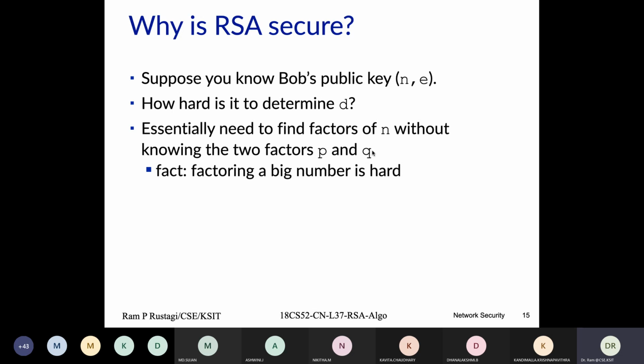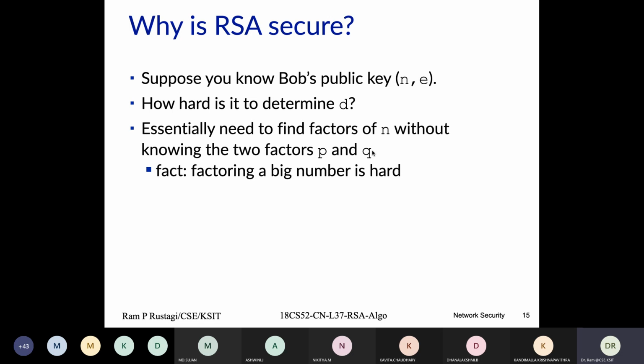It may take millions of years when we choose large numbers, and that's the reason keys are chosen that way. If computers become faster, rather than using p and q of 1024 bits, you use numbers of size 2048 bits and make it computationally much harder.